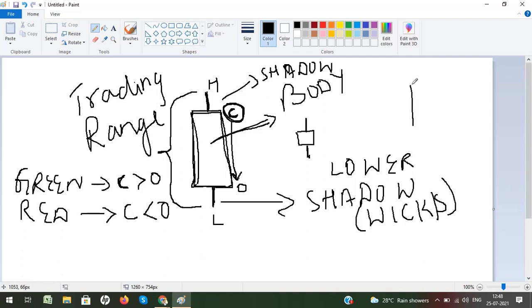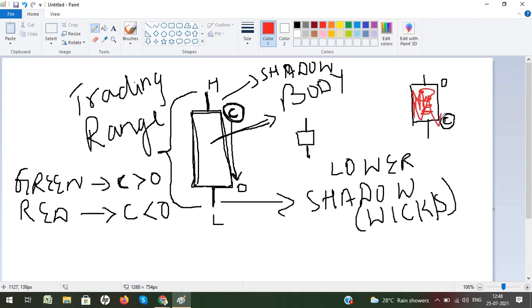Now if I draw a candlestick like this, for example, open is here, close is here. To determine the color of the candlestick, what I need to do is see where the closing price is. Here the closing price was above the open price, that's why you have a green candlestick. If the closing price is below the opening price, you have a red candlestick.